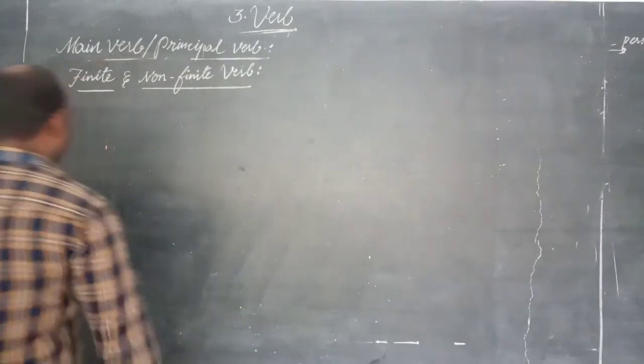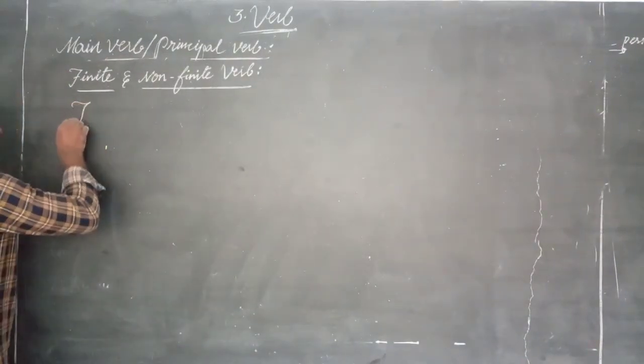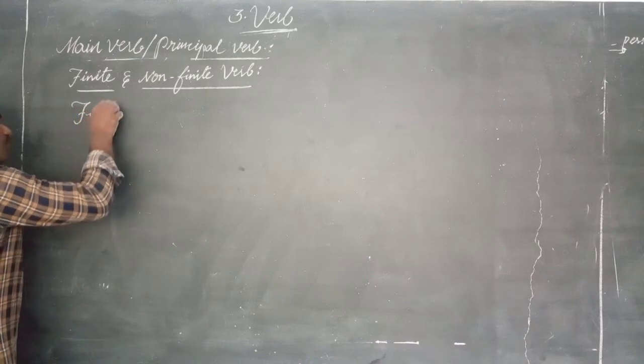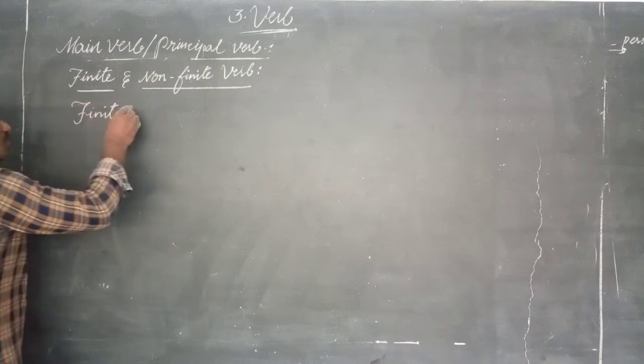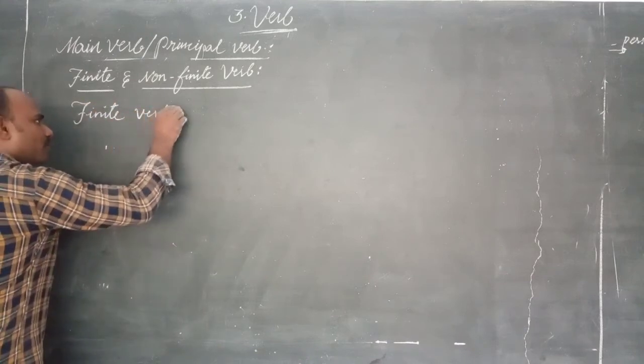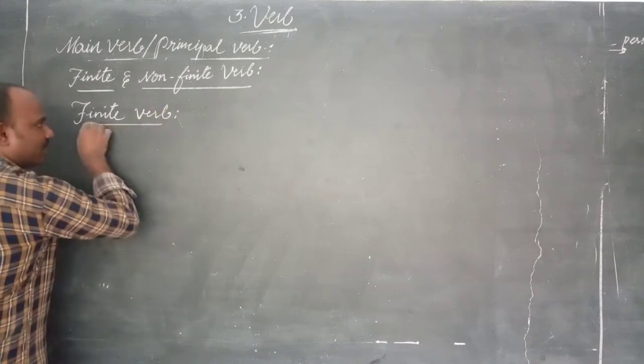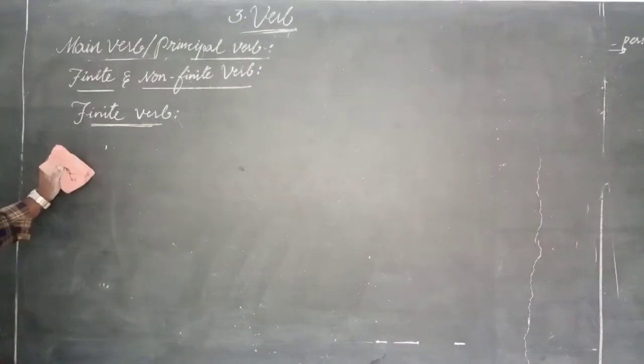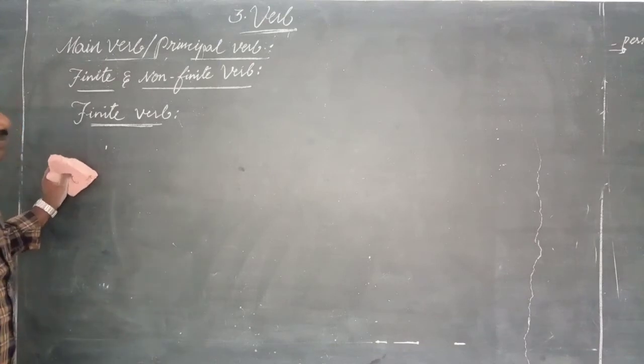First of all, we see what a finite verb is. How can we identify whether a verb is finite or non-finite? Very simple logic.